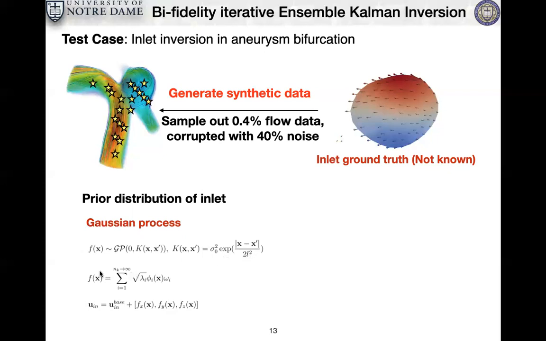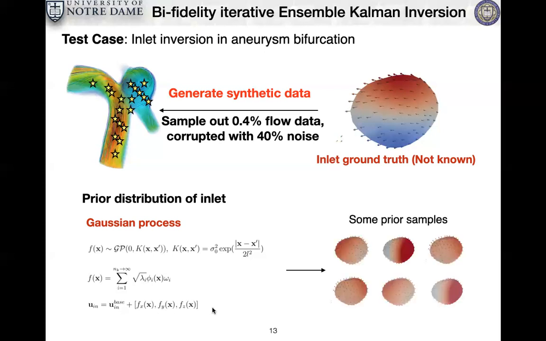The f(x) is the perturbation, and it is decomposed over some KL expansion modes here. And here we select the number of KL modes as 9, so that we can add the fluctuations back to the base inlet profile to get a prior distribution of the inlet velocity.